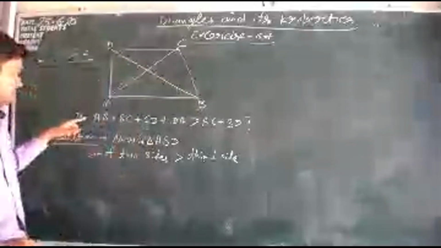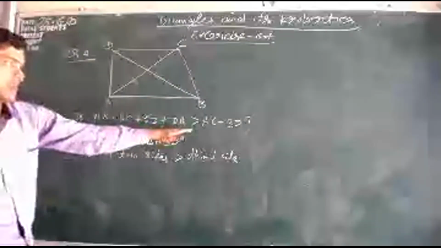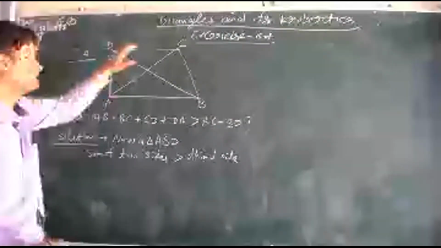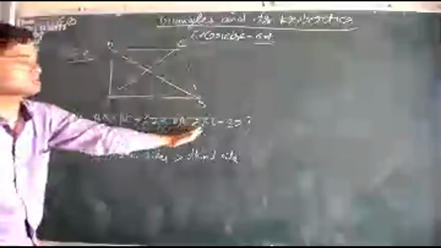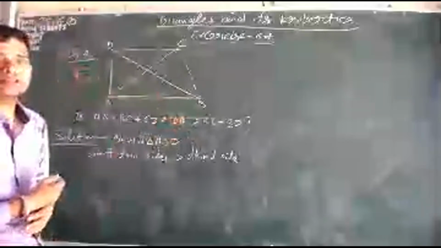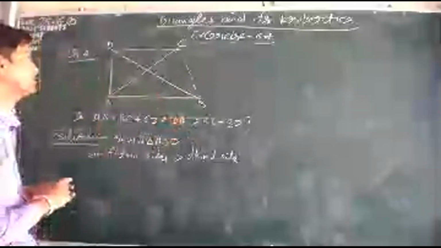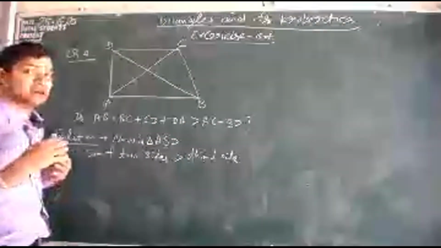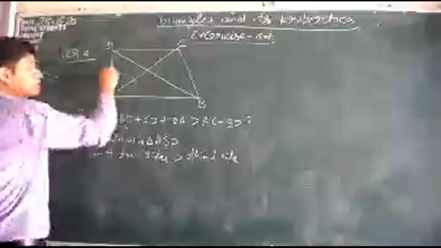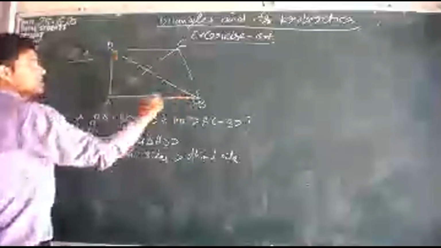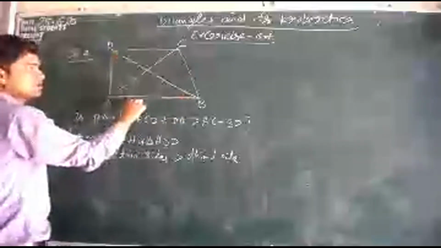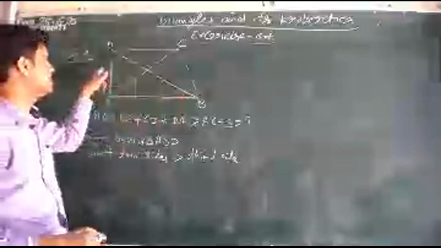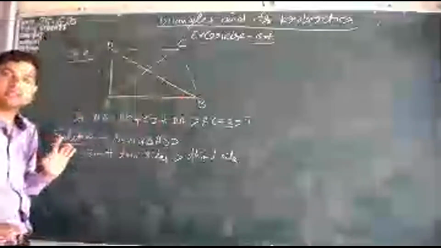Okay, in this statement, what we have to prove is that all the diagonals should be on one side. AC and BD both are the diagonals of this figure, so these two should be on the same side. So we have to keep this in mind. In this triangle we have three sides, and BD should be on one side and AB and AD should be on the other side.